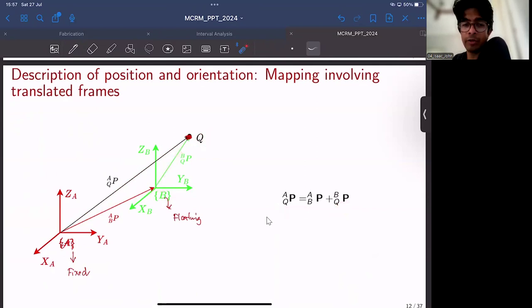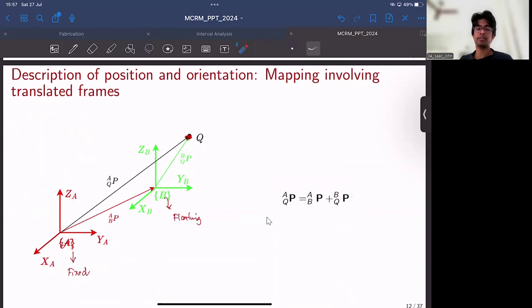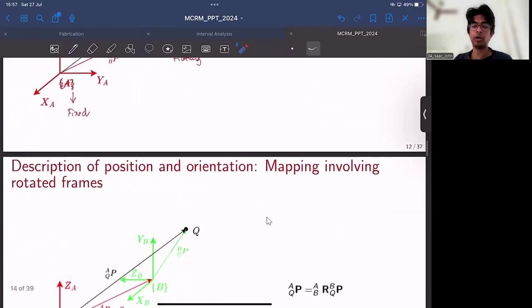But you also have to note that there is no relative orientation between frame B and frame A. ZB and ZA are aligned, XA and XB are aligned, YA and YB are aligned. So if both of these frames are aligned, you can simply take a vector sum.